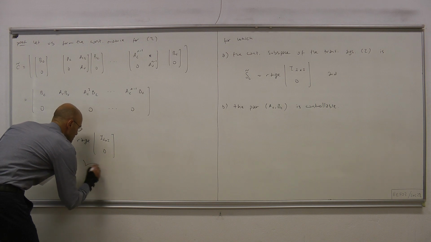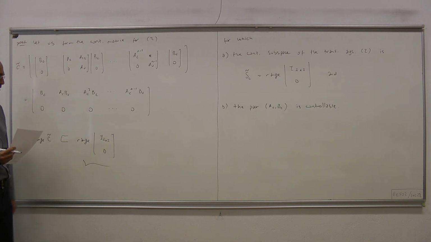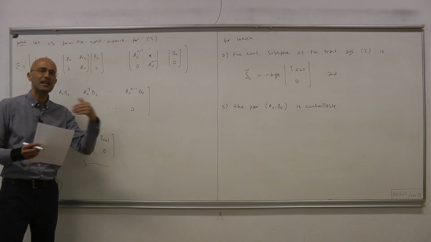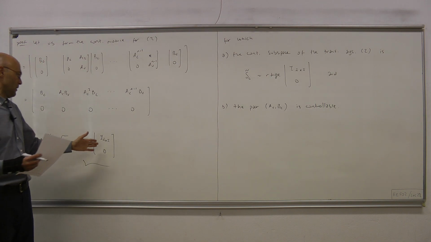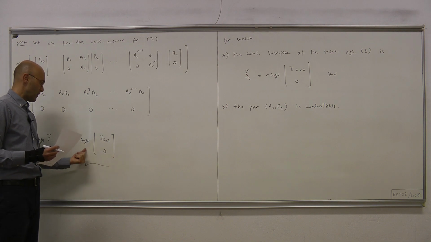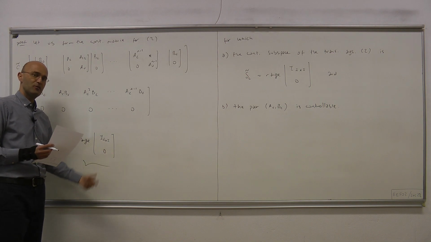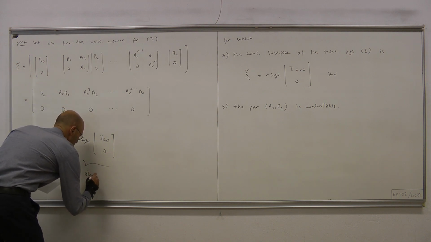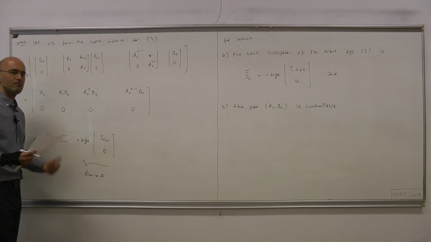Now, the dimension of this subspace clearly is n bar, because this matrix has n bar linearly independent columns. So the rank of this matrix is n bar, hence the dimension of the range space of this matrix is also n bar. So we have dimension equals n bar.